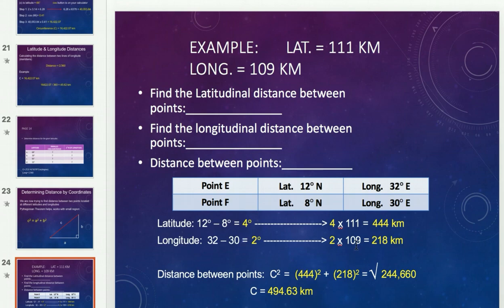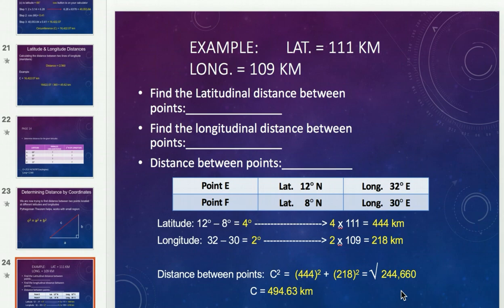Longitude is going to vary, but I told you it's 109 kilometers for the degree of longitude. So you're going to say 2, because that's your difference in your longitudinal coordinates. 2 times 109 equals 218 kilometers. Then you take those and plug them into your Pythagorean theorem. So c squared equals 444 squared plus 218 squared, and then you take the square root of the answer.